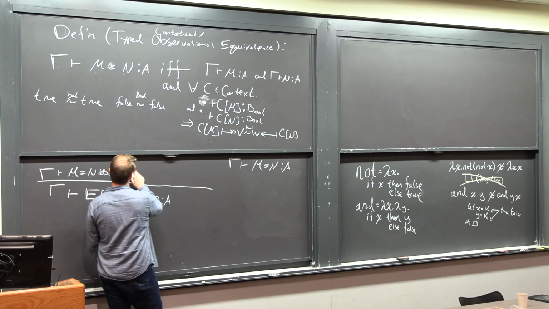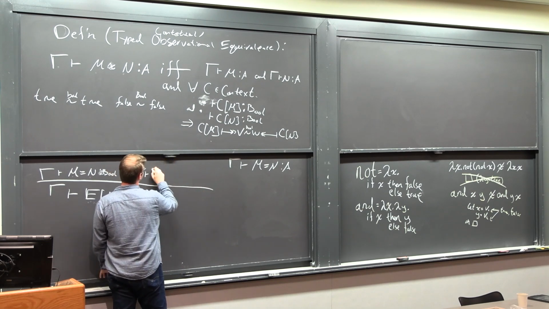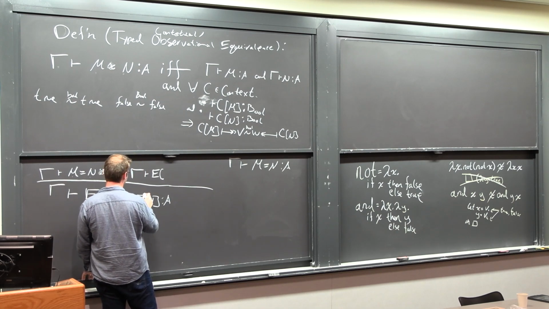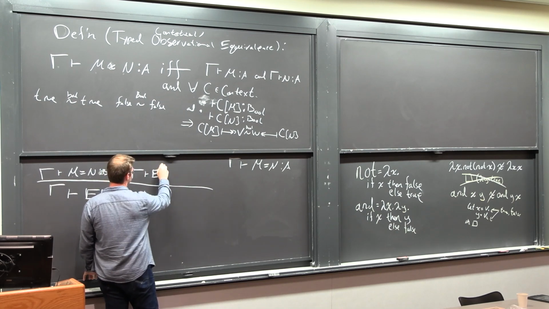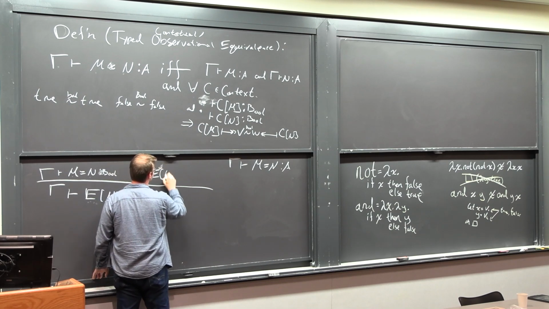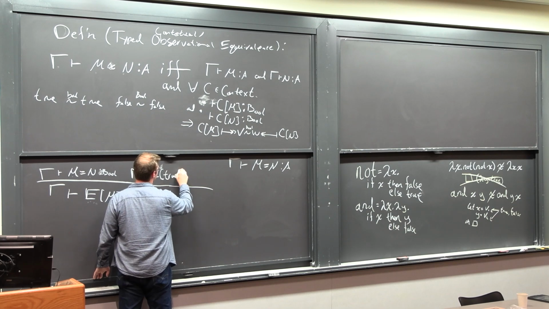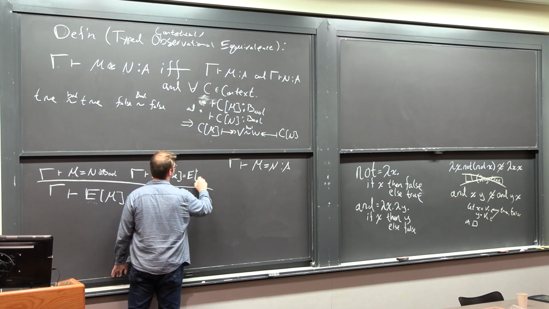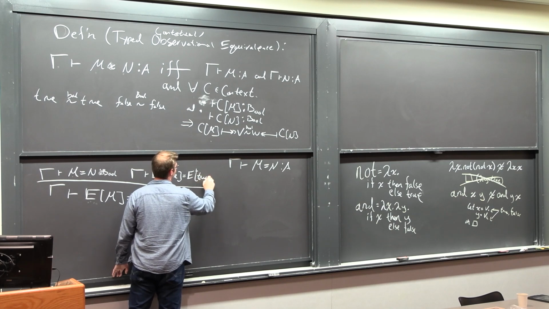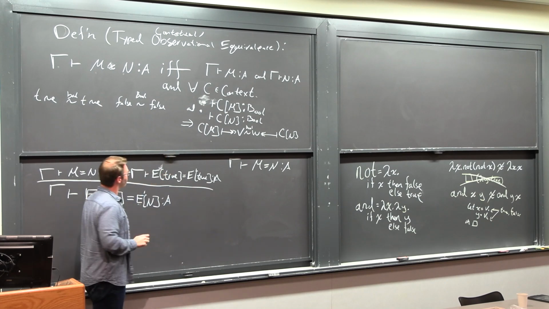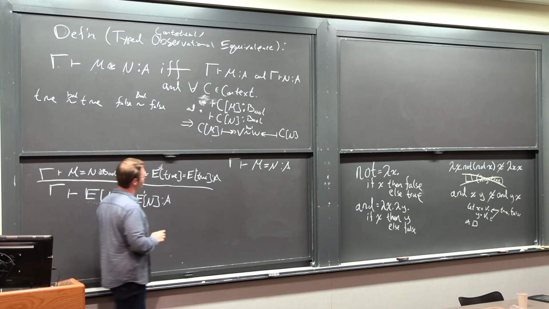I'll have a proof that E, and this should be, well, let me do E prime. These are two different contexts. So E is equal to E prime when we plug in true, of some type A. That's one premise.